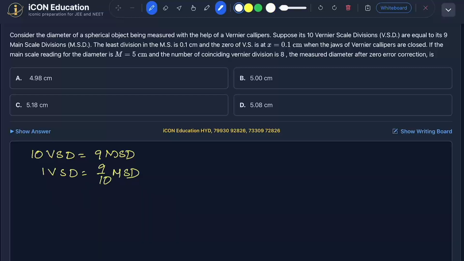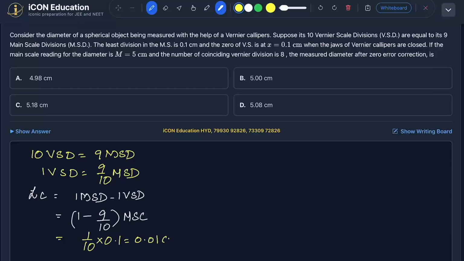So now let us find the least count of vernier calipers, that is 1 MSD minus 1 VSD. If you substitute, you will get 1 minus 9 by 10 MSD. If you see the question carefully, they have given this MSD 0.1 centimeter. So let us substitute that. So here it is 1 by 10 into 0.1, which is 0.01 centimeter. This is the least count.